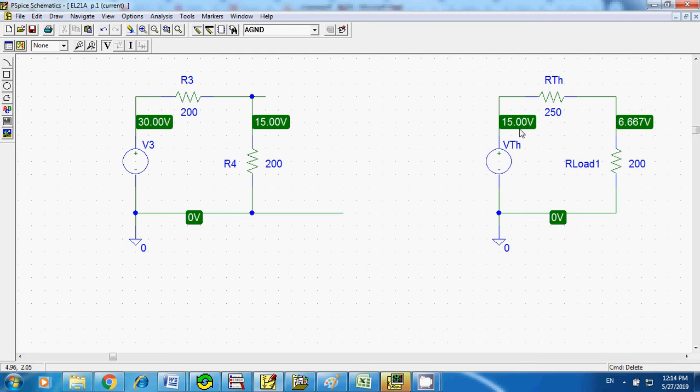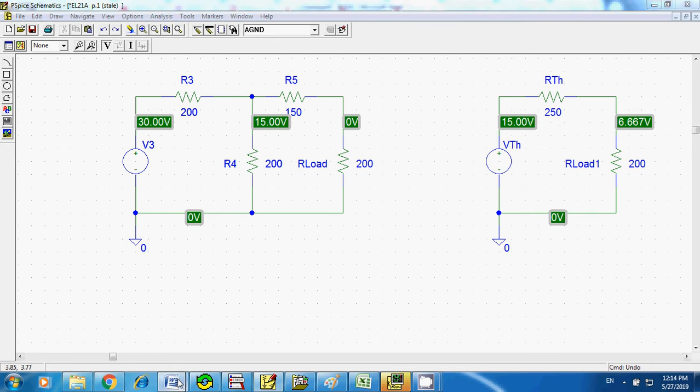Okay, next you are looking for RTH. Why did I get RTH to be 250 when I have R3, R5 and R4? You have 200, you have 150 and you have 200. Why do I end up with 250 ohms?